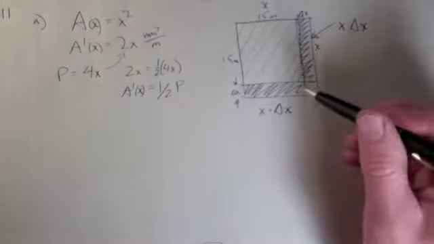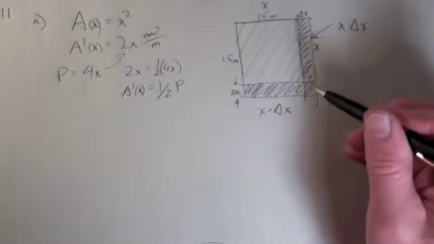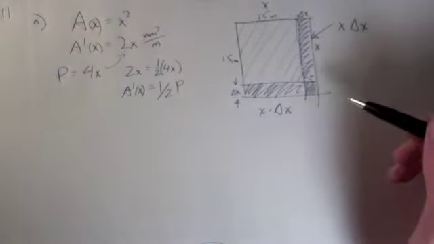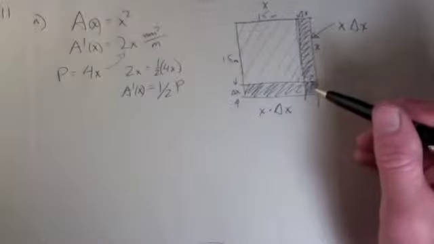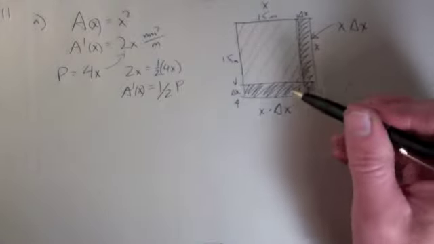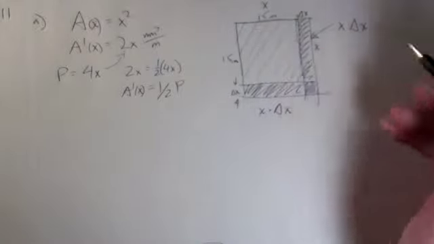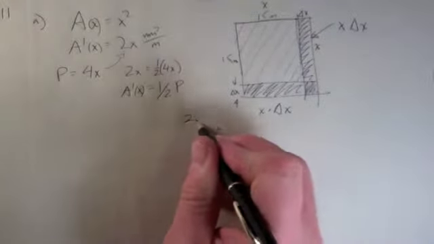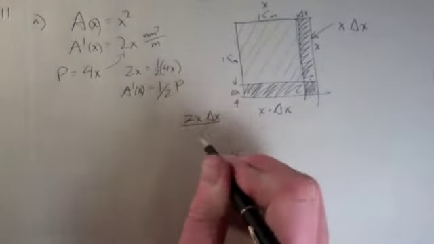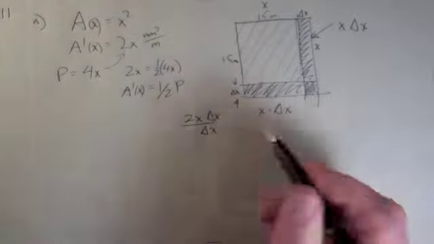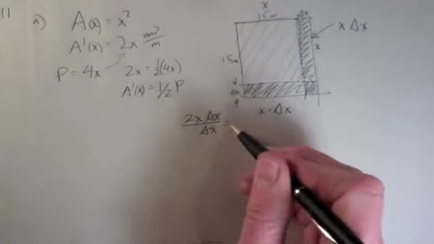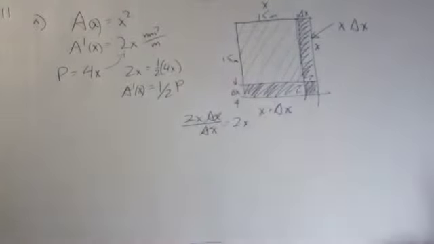If we ignore this little corner bit, which is a very, very small amount, the change in area is 2 of these. So we have 2x delta x. And then per delta x, we can think of this as 2x being our rate of change for the growth of that area.